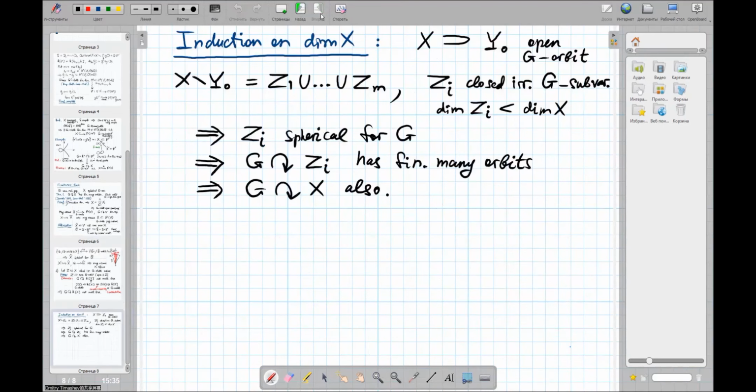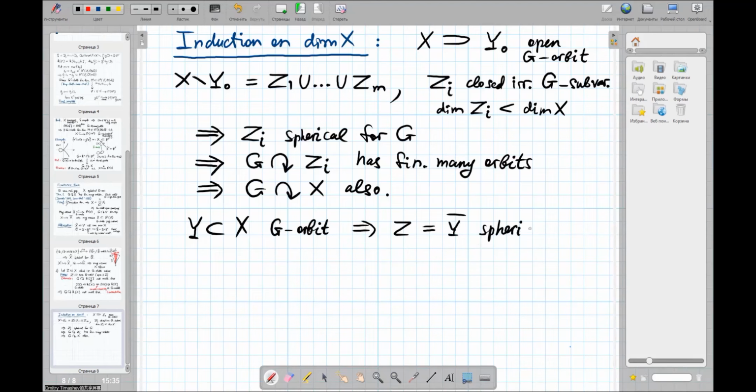But it is clear, because if you take any G orbit Y in X, then its closure, denoted by Z, is a closed irreducible G-stable subvariety in X. But by what we have proved before, it is spherical.